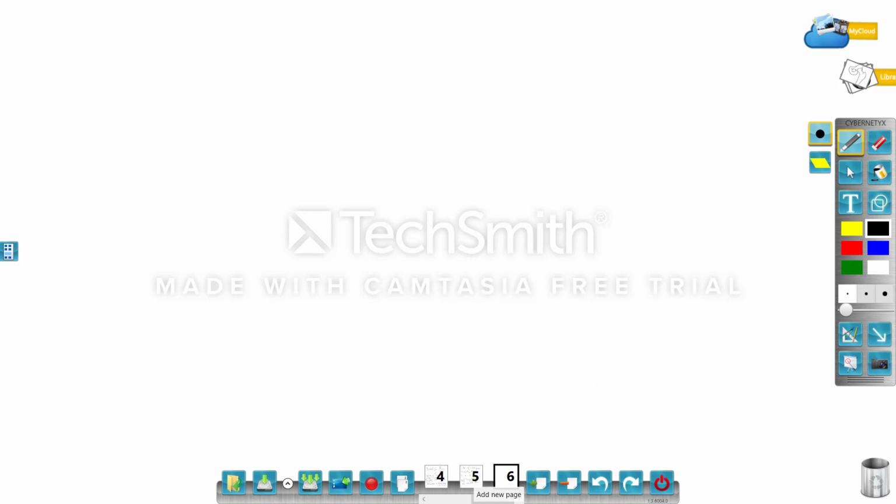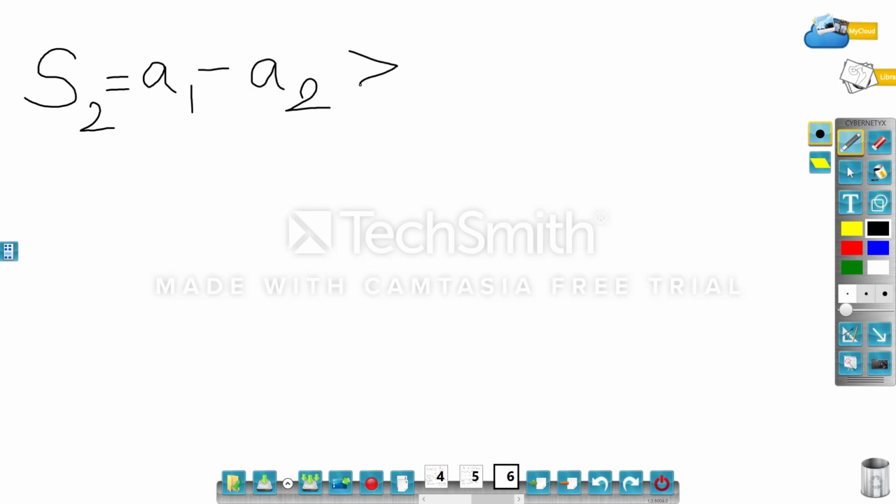Even partial sum means we should start with S2. So S2 is equal to a1 minus a2. Now since a_n is always greater than or equal to a_(n+1), a1 is greater than or equal to a2, so a1 minus a2 is greater than or equal to 0.